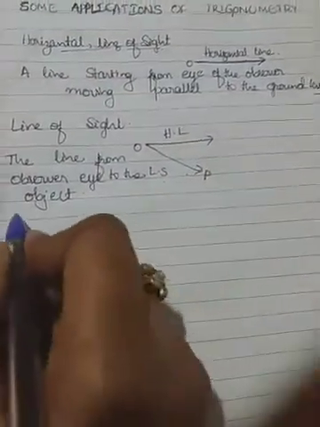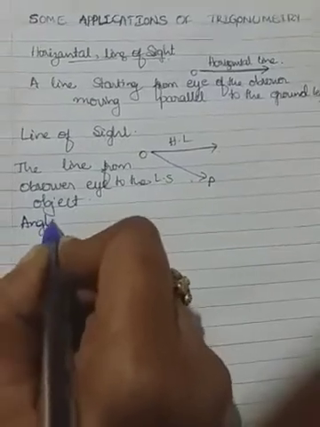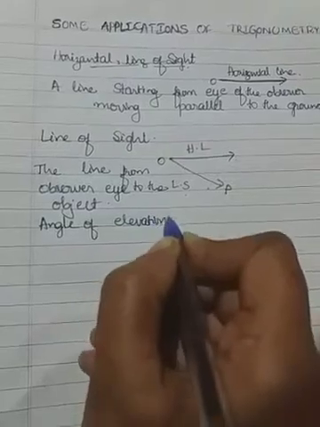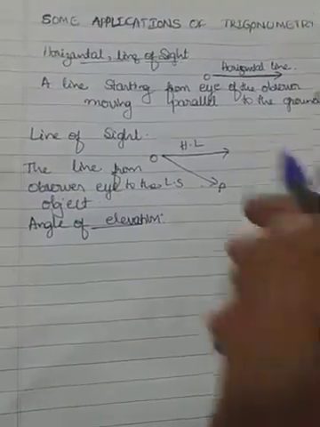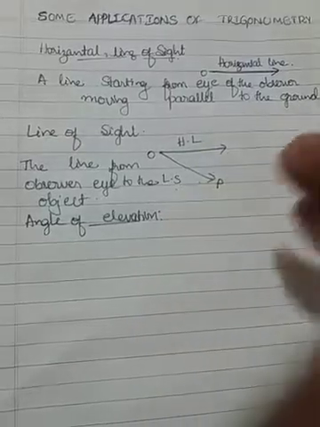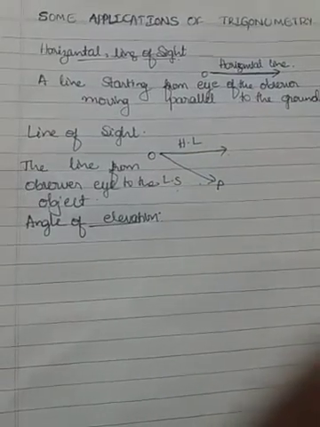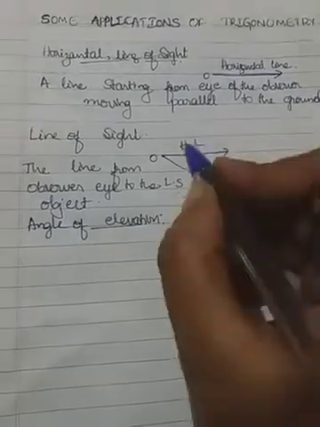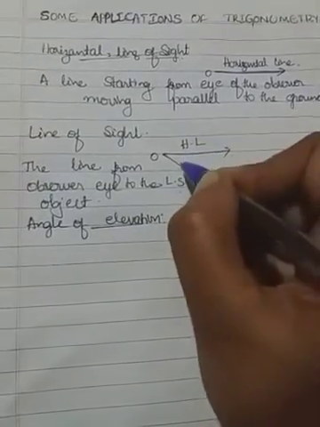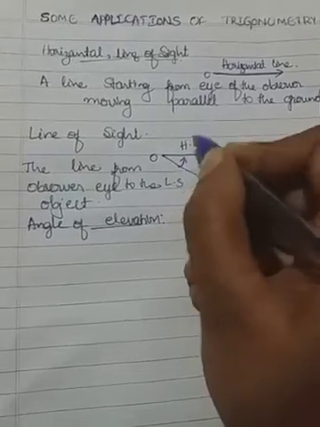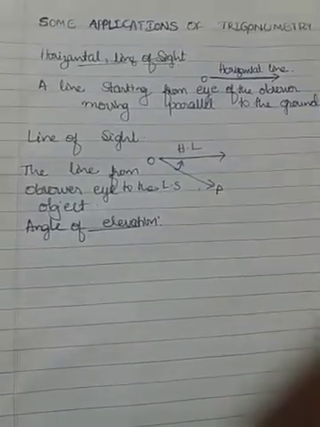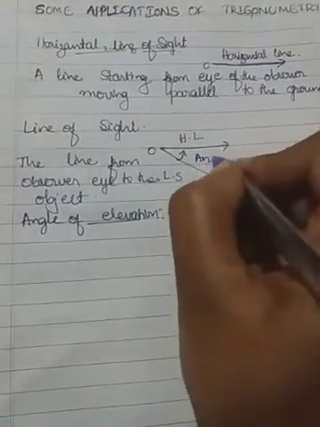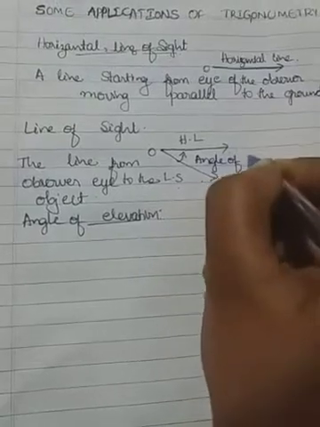Next one, angle of elevation. So what is meant by angle of elevation here? If the observer is looking at the object above the horizontal level, that angle is called the angle of elevation.